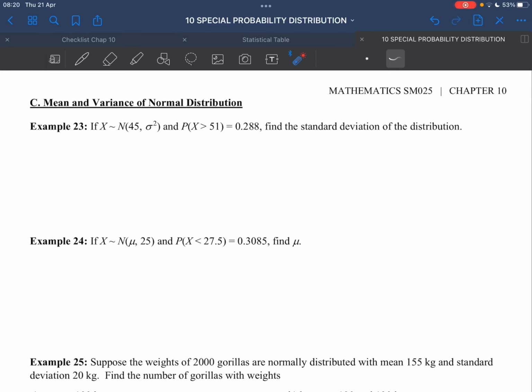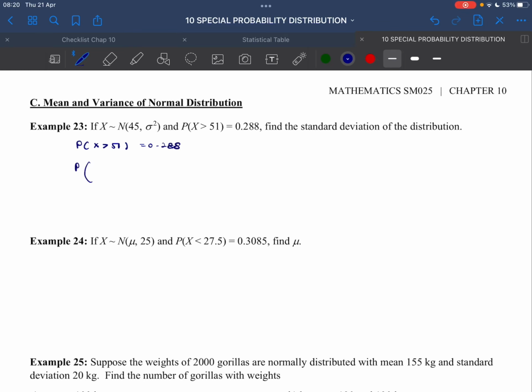So what we have here is P(X greater than 51) equals 0.288. What we can do is change P(X greater than 51) to the standard normal distribution. So here we have 0.288.